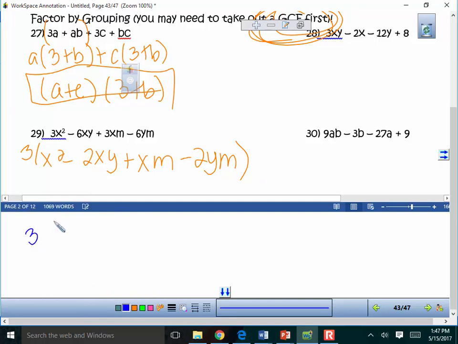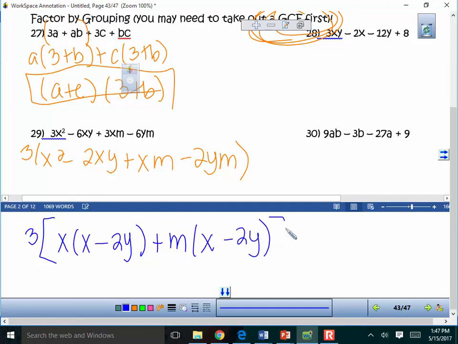Okay, so then 3 times x is our GCF of these first two terms. We're factoring by grouping now. Then we have the 3 times x plus m times x minus 2y.